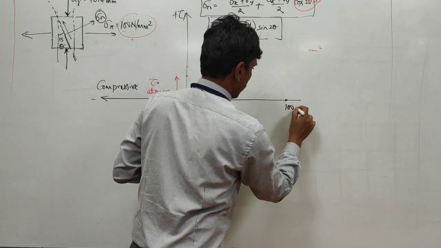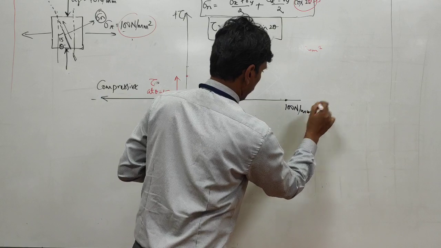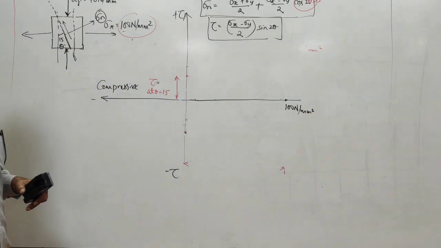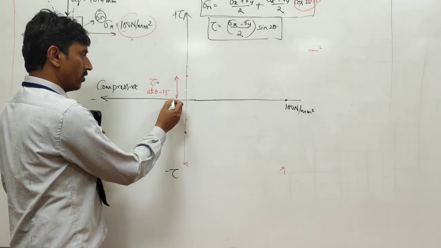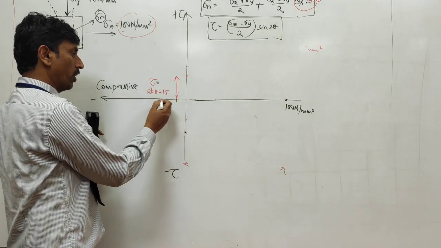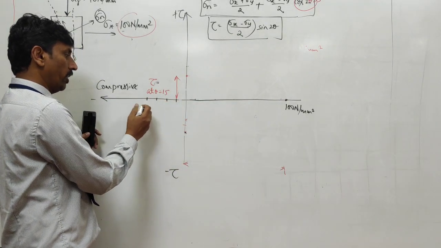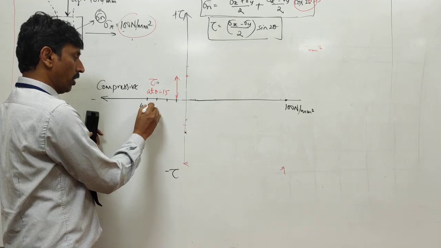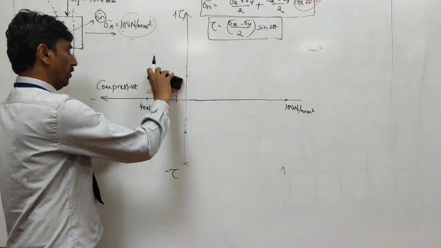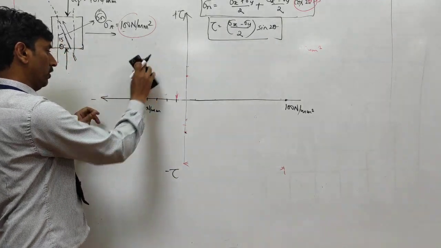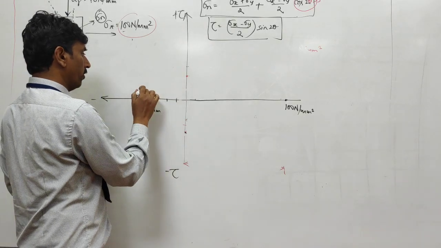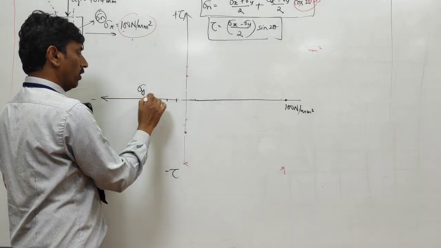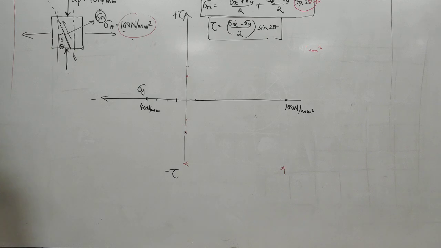So this is 100 Newton per unit square. This side is 10, 20, 30, 40. So this is 40 Newton per unit square, which is actually sigma y. Okay.